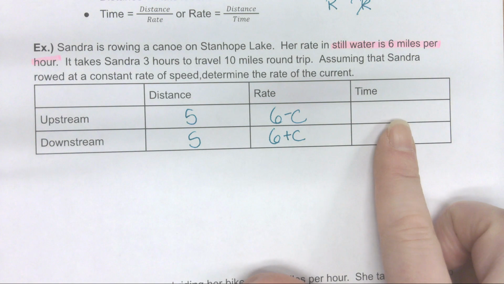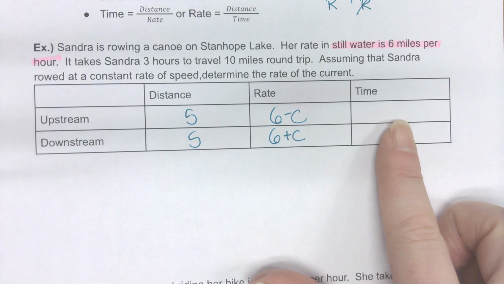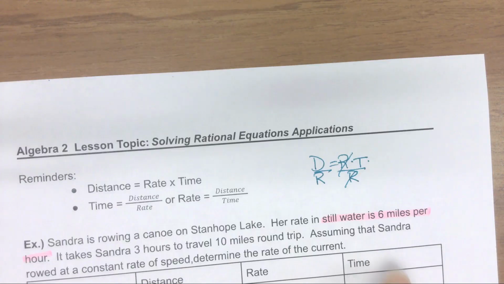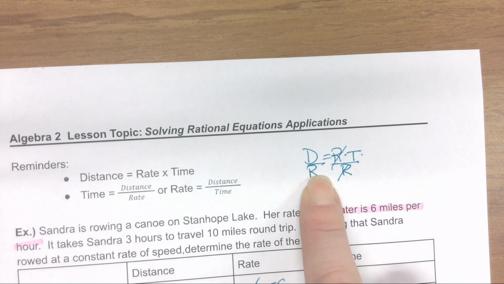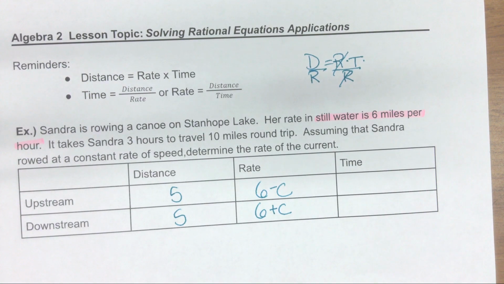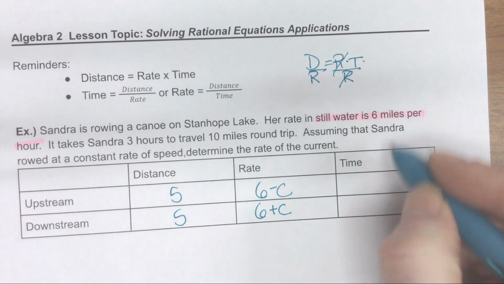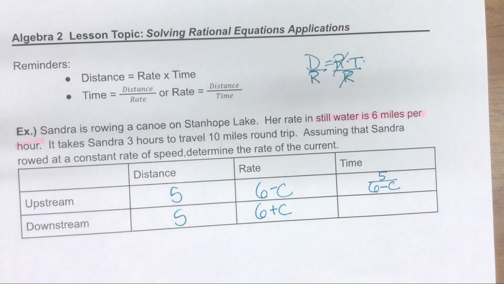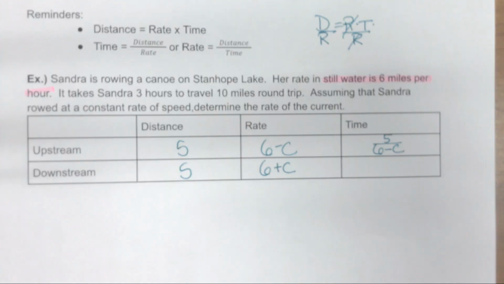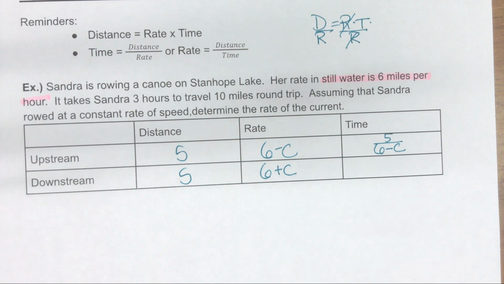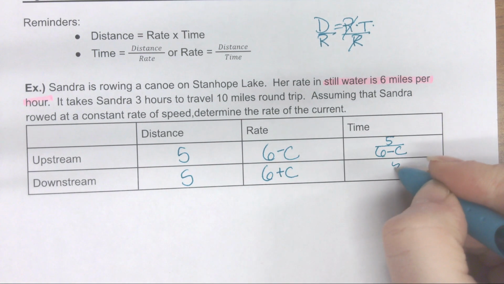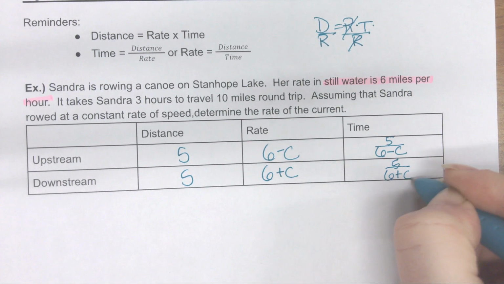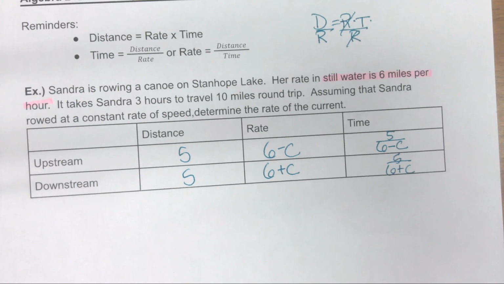Okay, here's the part where this is what this means. This doesn't mean try to figure out the time of each. This box is here for you to do the work of this. Would you rewrite the time as distance over the rate? So over here, 5 over 6 minus C. How about here? 5 over 6 plus C. Okay.